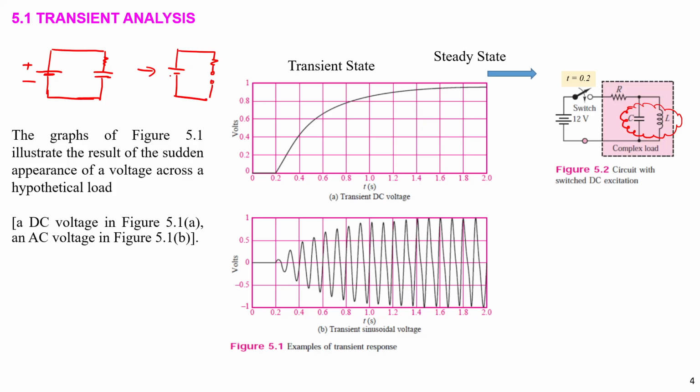This is the steady state for a DC system. So if we supply DC voltage to the capacitor, it will act like an open circuit, right? No current flows anymore after the full charge, after a long time.